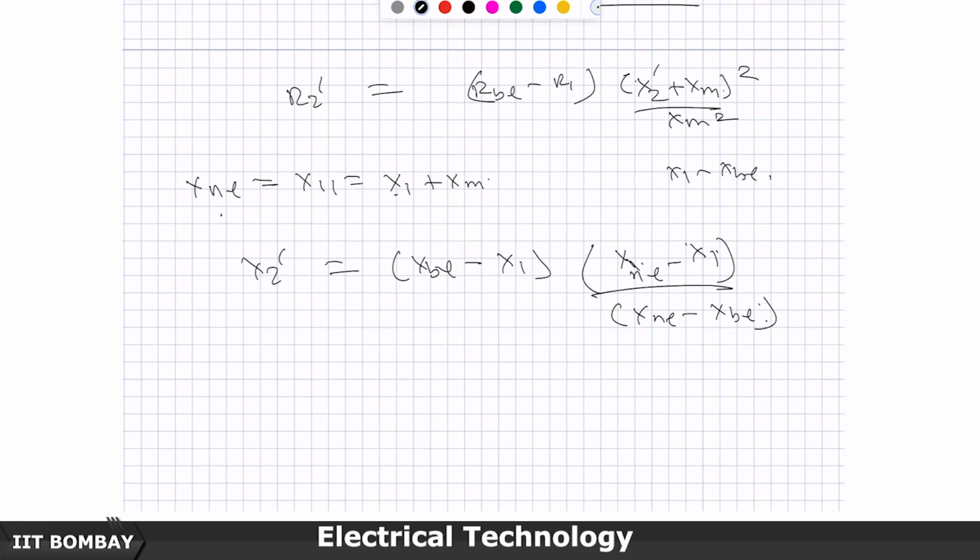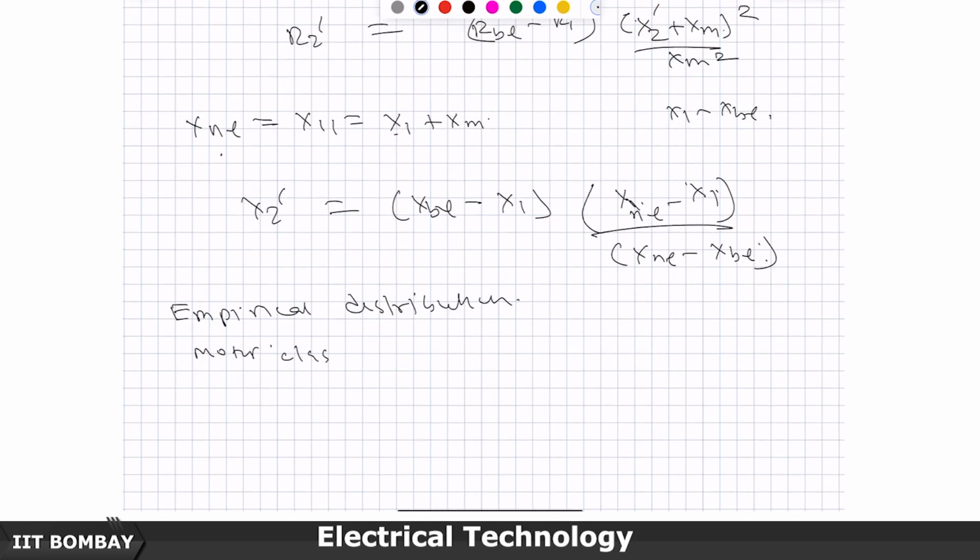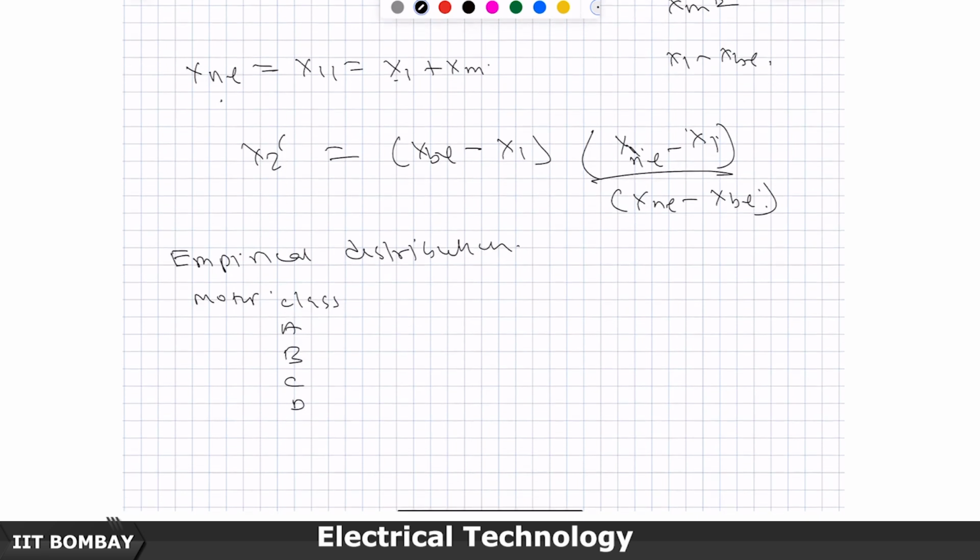So, what has to be done is, usually an empirical distribution is used. This empirical distribution has to be used here, and the IEEE standards specify motor classes A, B, C, D and wound rotor.